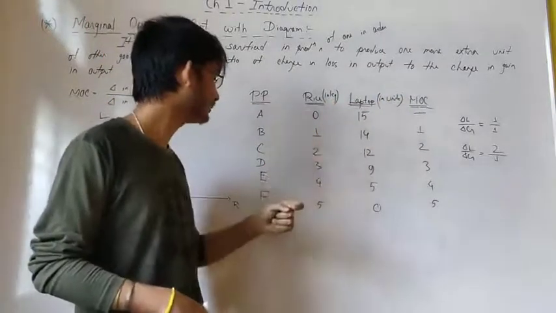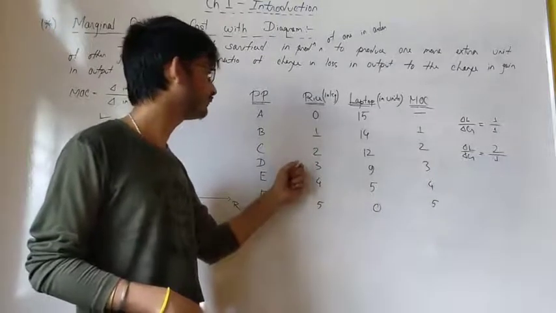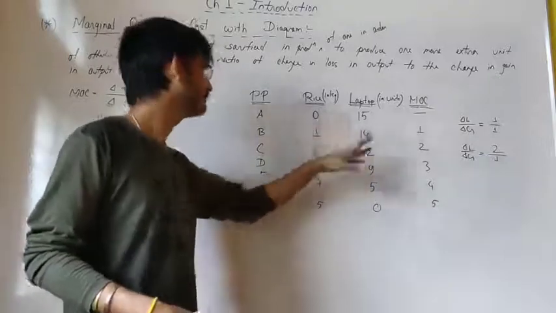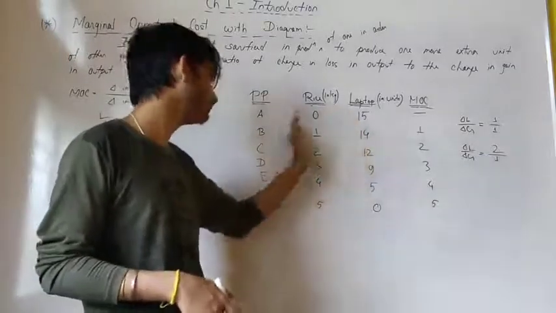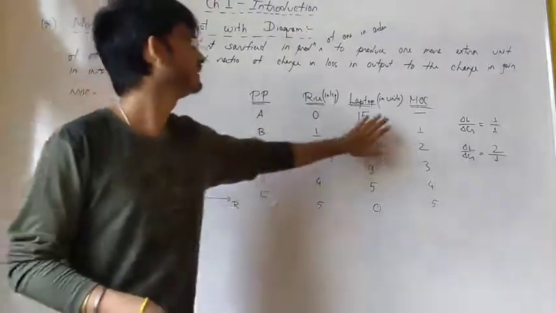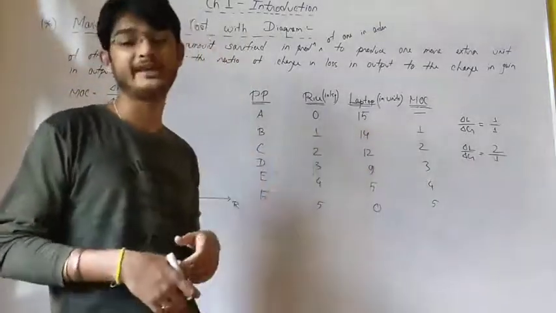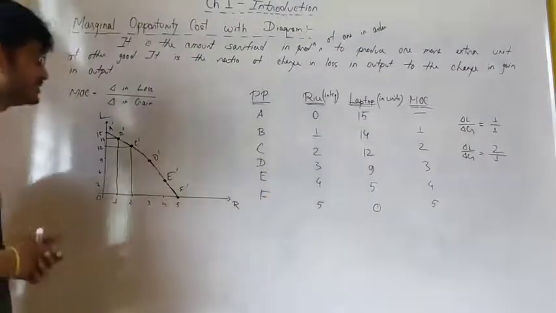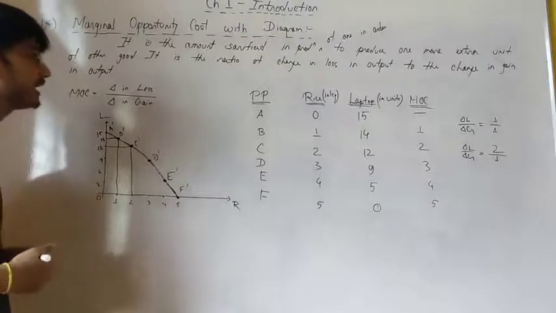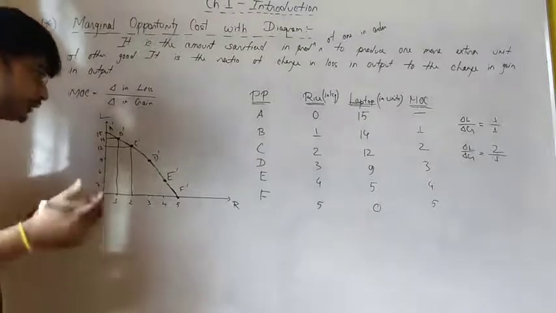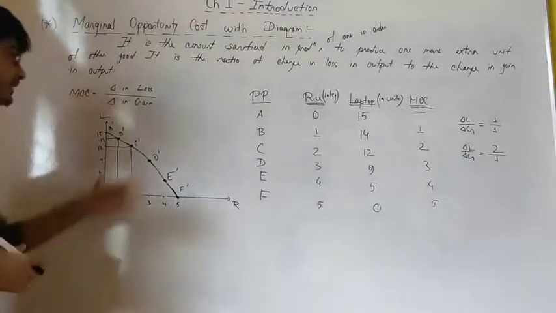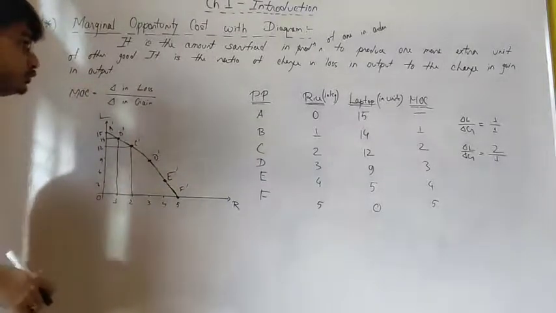So here we have targeted rice production, and hence we shifted some resources from laptop production to rice production, and as the rice production increased, the MOC also increased. So this is the reason why MOC is increasing, and if you want to explain it, you can use this diagrammatic explanation and the tabular explanation too.